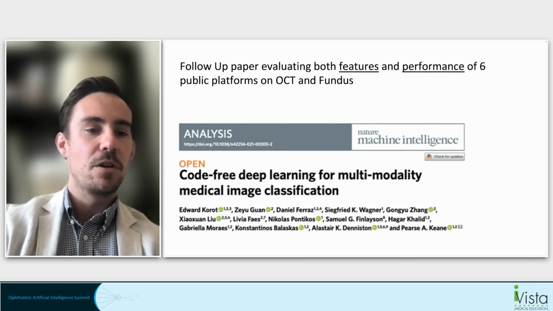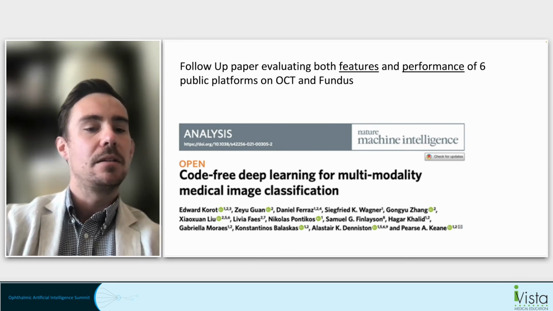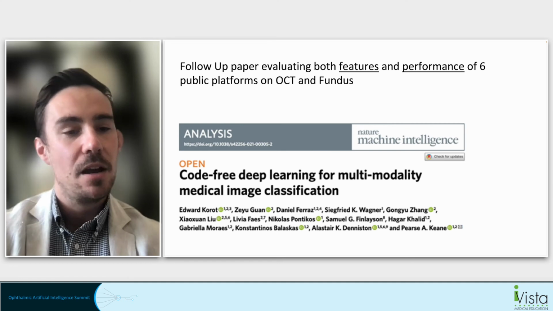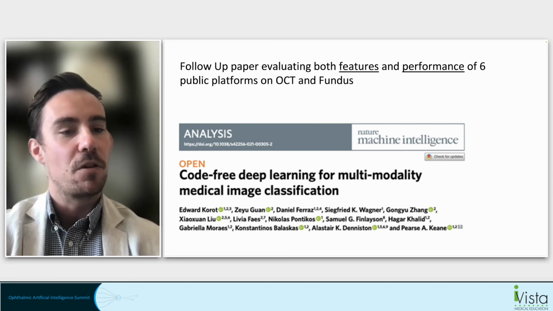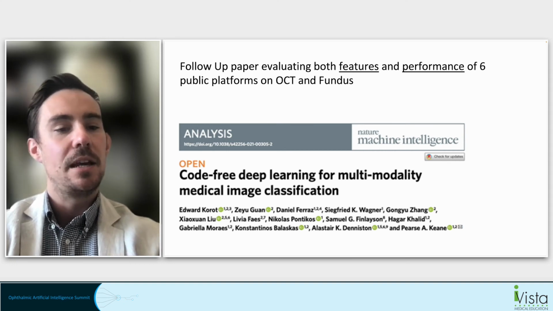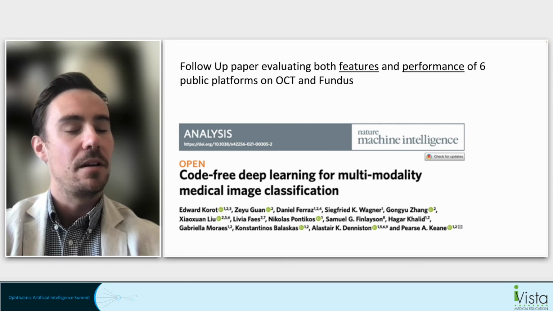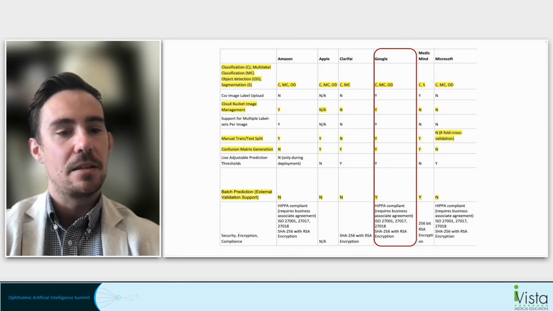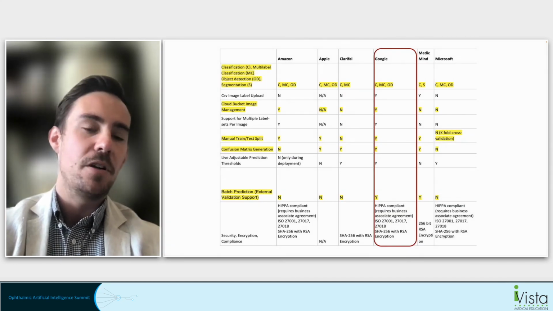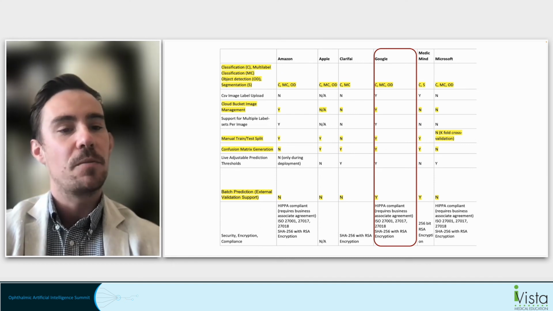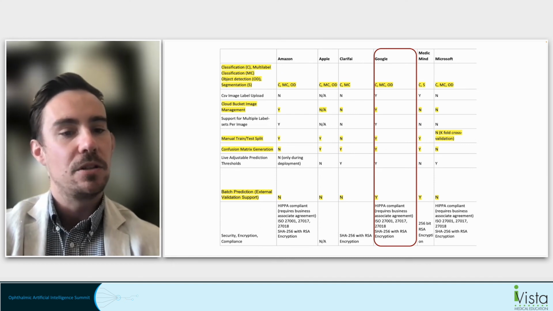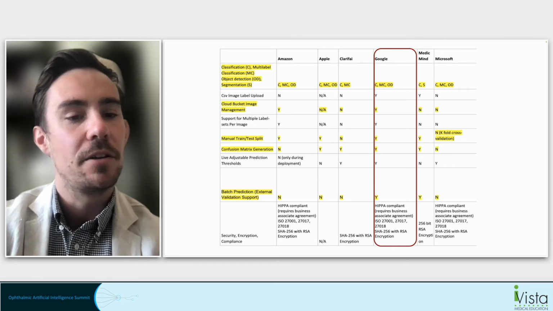So in further work, we had a follow-up paper in Nature Machine Intelligence, where we comprehensively evaluated both the features and the performance of 6 different publicly available platforms on OCT and fundus datasets, which were publicly available. In part of our feature set evaluation, you can see the different platforms in the top row, which included Amazon, Apple, Google, and Microsoft.